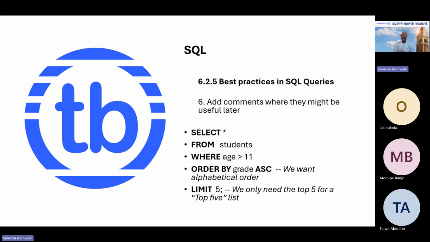That's in Python. But in SQL, the moment you want to write a narration or comment, you put a double dash, just as I've done here. So the moment you have put a double dash, the application understands that you just want to put extra information for comment's sake so that people can understand why the code was written in the first place.